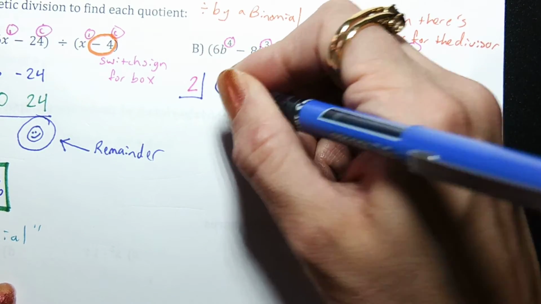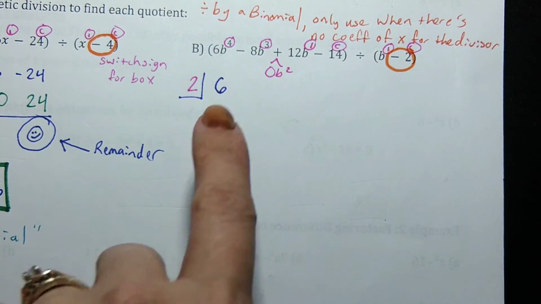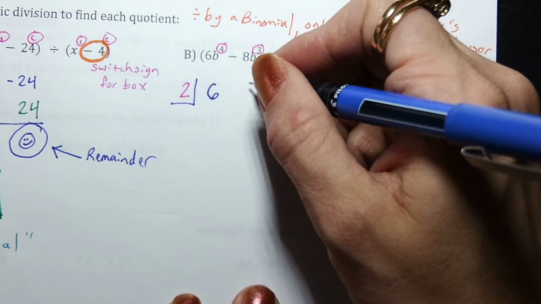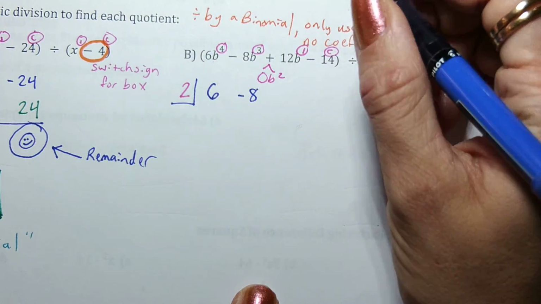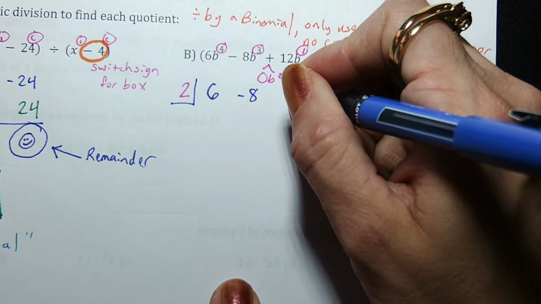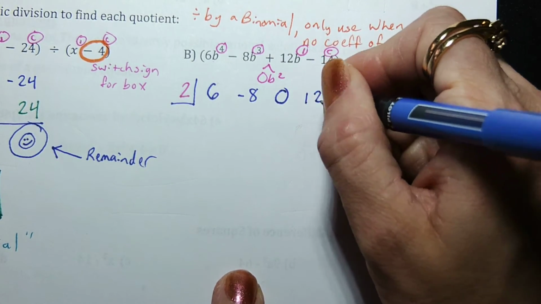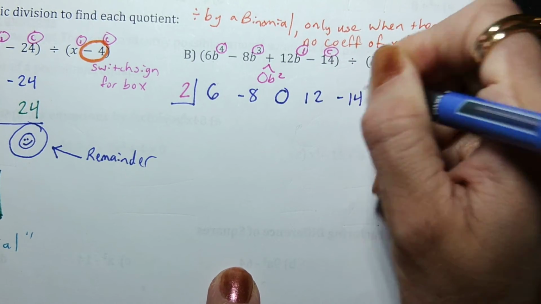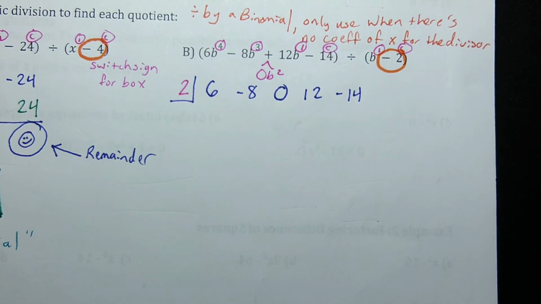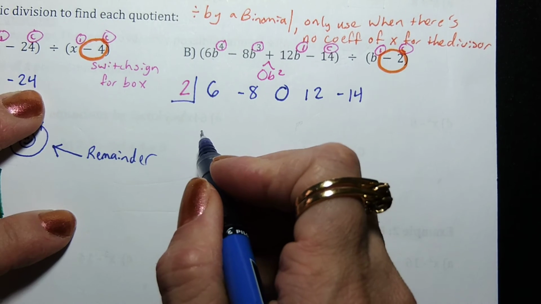Then we list out the coefficients of our dividend. 6 for b to the fourth, negative 8 for b cubed, then the 0, then 12, and then negative 14. Making sure that we don't lose any negative signs in there, you take the full coefficient.